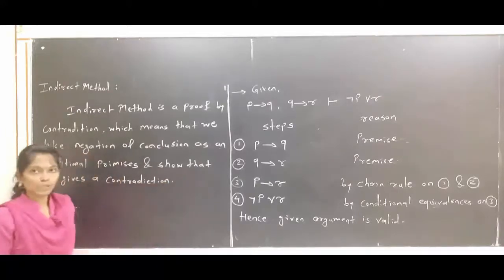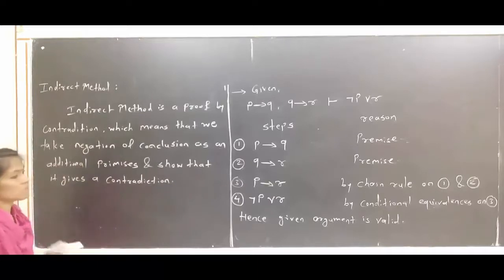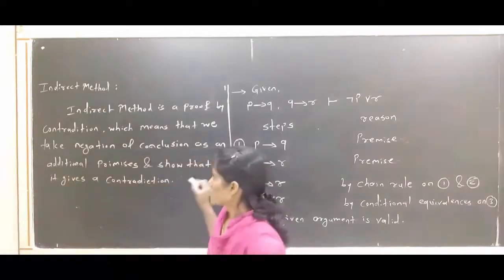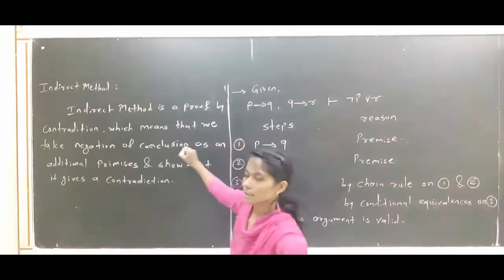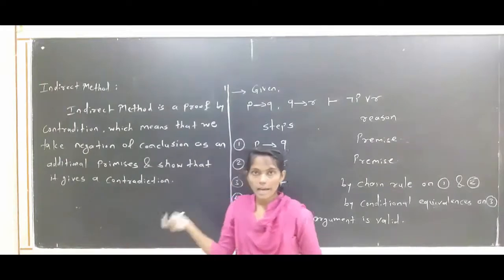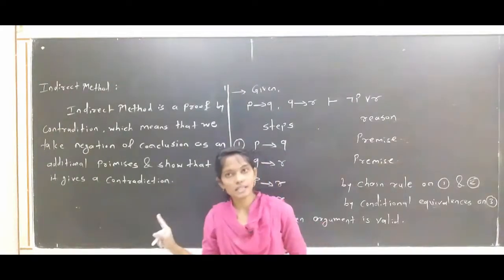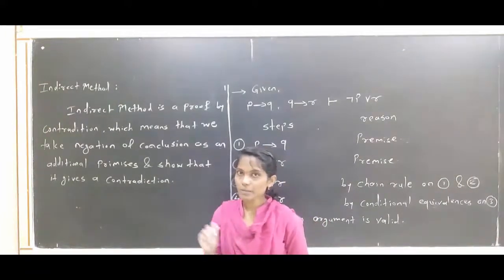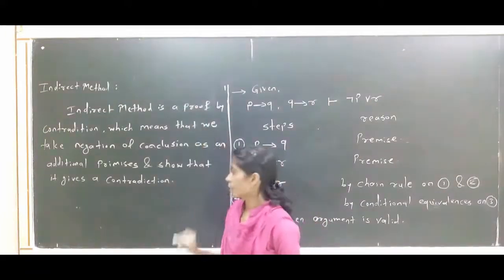Okay, so indirect method means we prove by contradiction. That means we take the negation of the conclusion as an additional premise and show that it gives a contradiction. Okay, so here we see an example, so that you are clear about the indirect method.